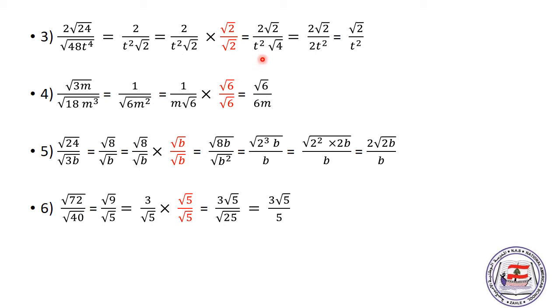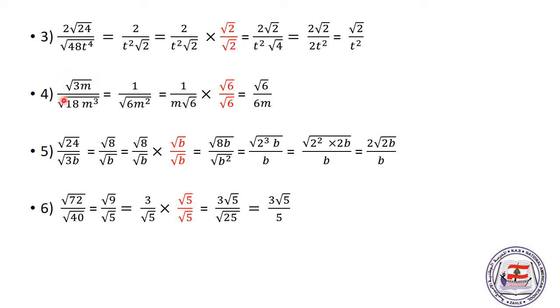Rationalizing the denominator, we multiply the numerator and the denominator by radical 2. So we get radical 2 over t squared radical 4. It gives radical 2 over 2t squared.